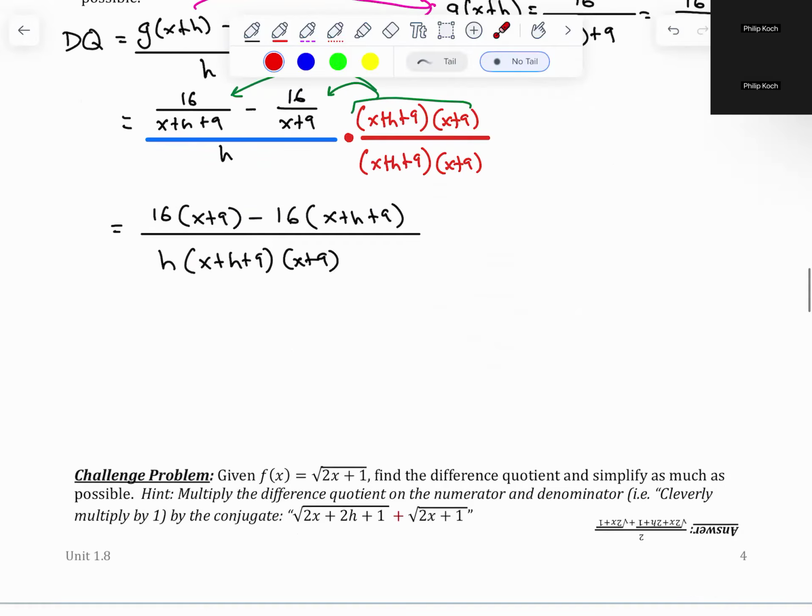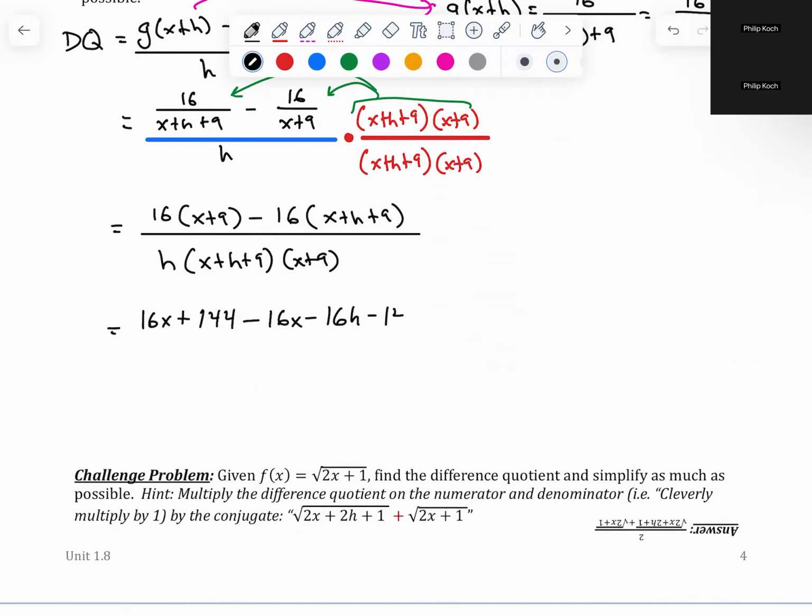We'll distribute that 16 in. We've got 16x plus, what's 9 times 16? 144. 144 minus 16x minus 16h minus 144, all divided by h times x plus h plus 9 times x plus 9.